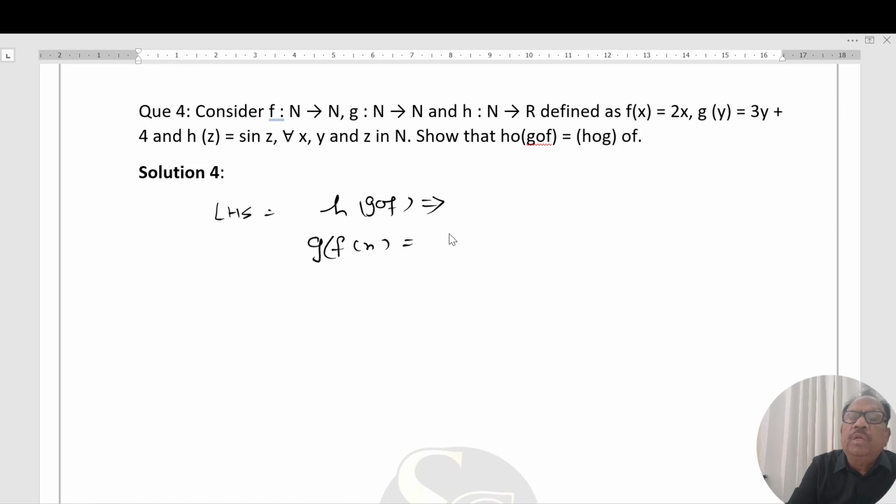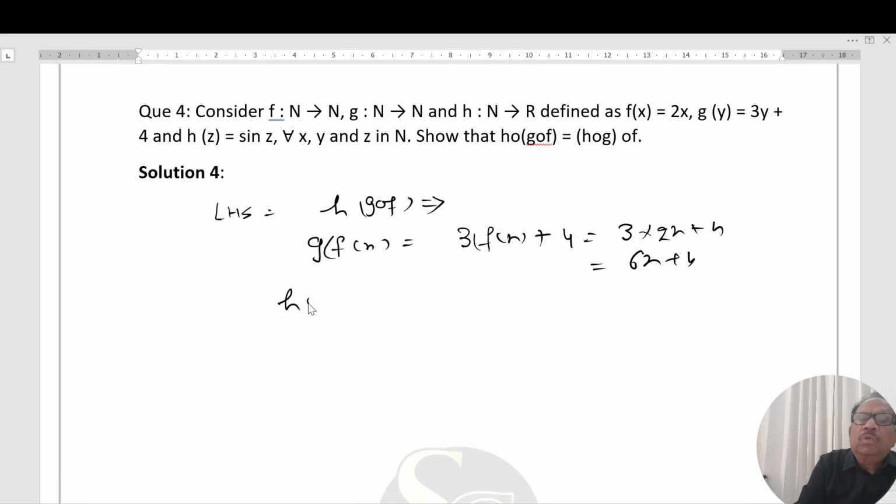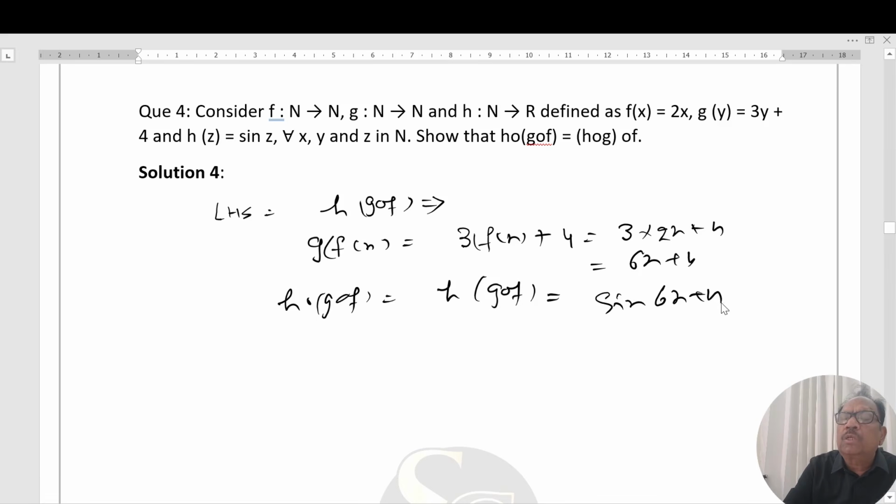Function g is 3y + 4, so g(f(x)) = 3 into f(x) + 4. f(x) is 2x, so 3 into 2x + 4, that is 6x + 4. Now h o (g o f)(x) can be written as h(g o f), that is sin z, which can be represented as sin(6x + 4). Right? This is equation 1, the left hand side.